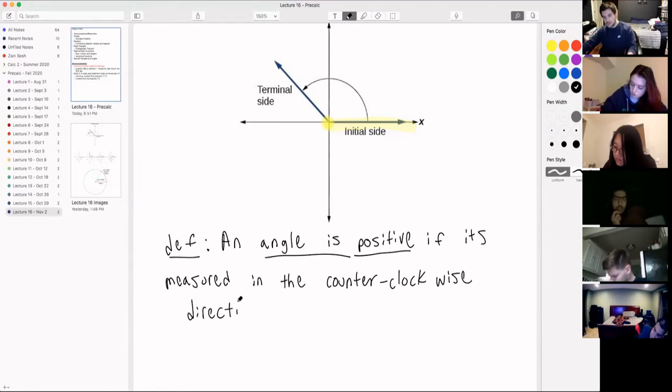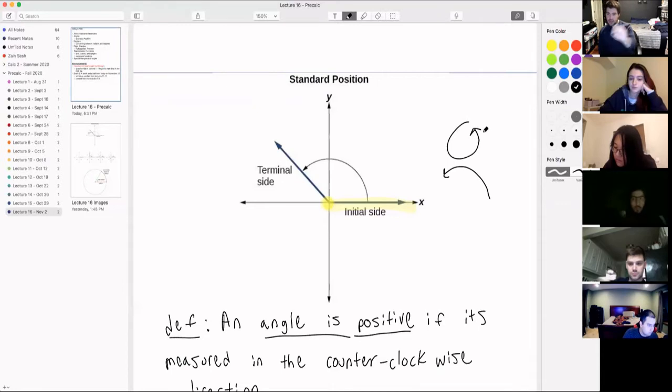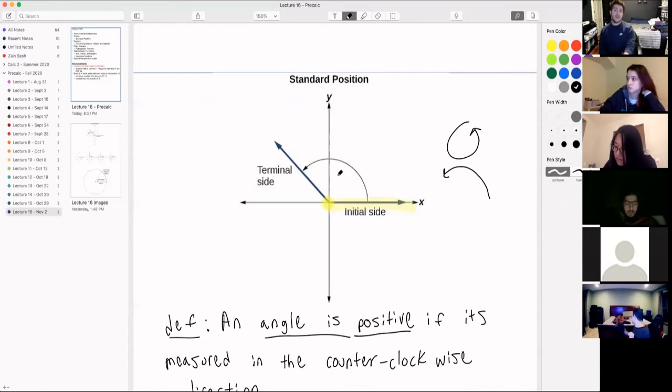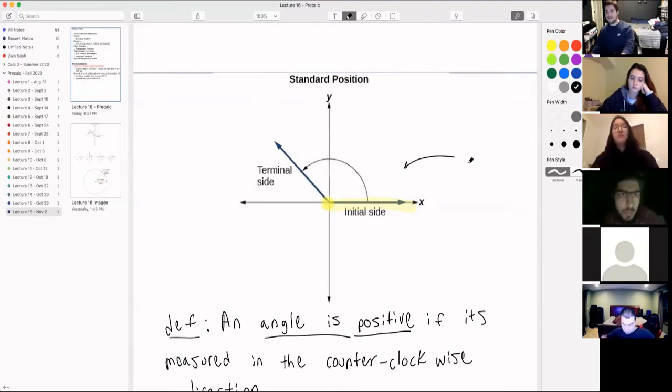What that means is you're taking the terminal side and moving it in the counterclockwise direction, which is this way. If you move that terminal side counterclockwise, the measure of the angle will be positive. So the angle in this picture is a positive angle because the terminal side was rotated counterclockwise.